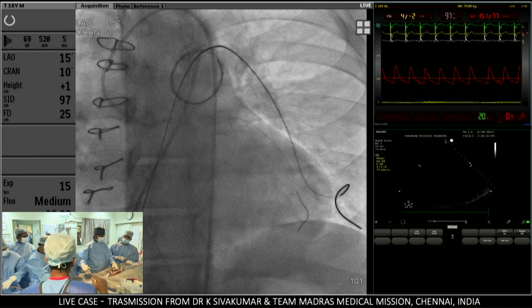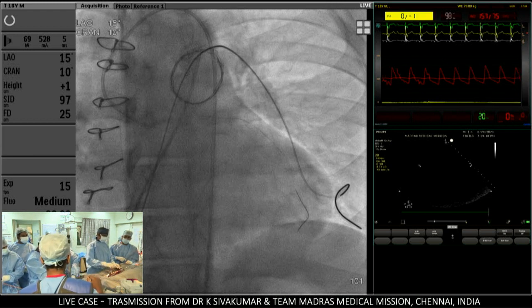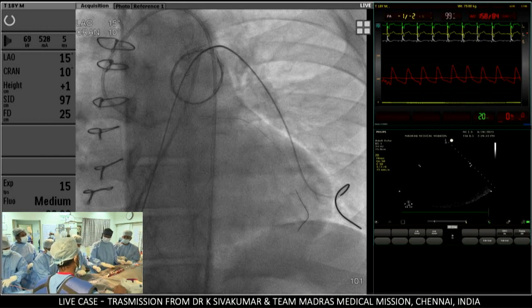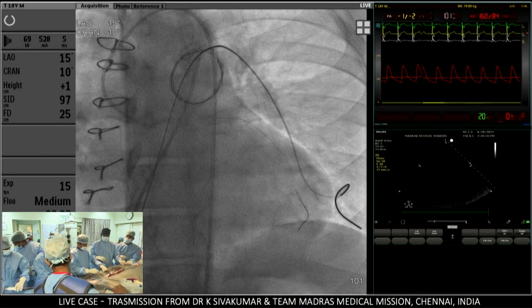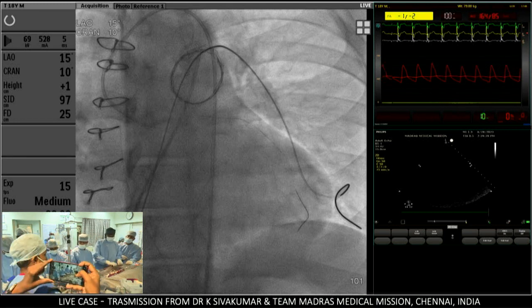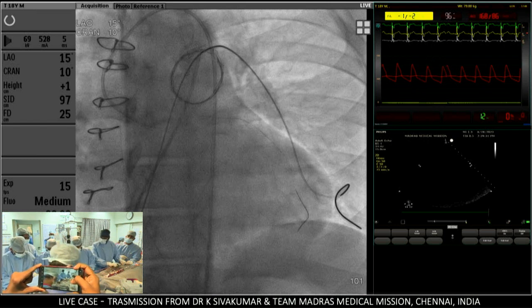Let's say if you put a 29 valve in this patient and the valve goes up to 26 or 26.5, it is not going to work well. You may have stenosis or regurgitation. 26 plus 3? That has been reported.